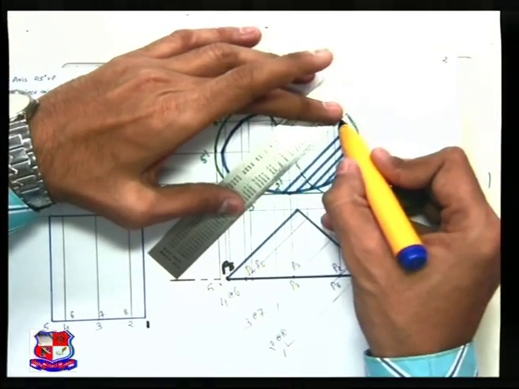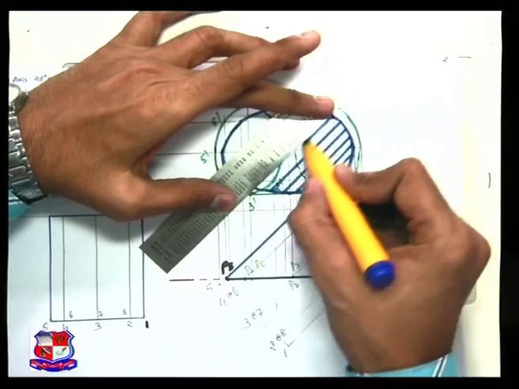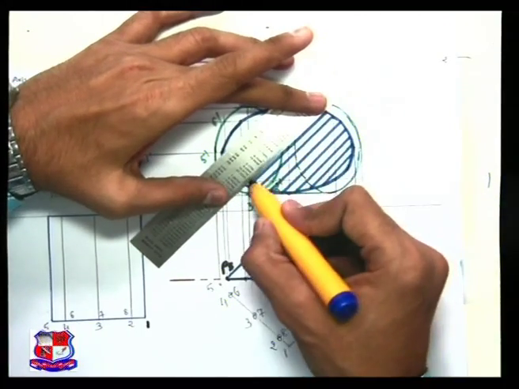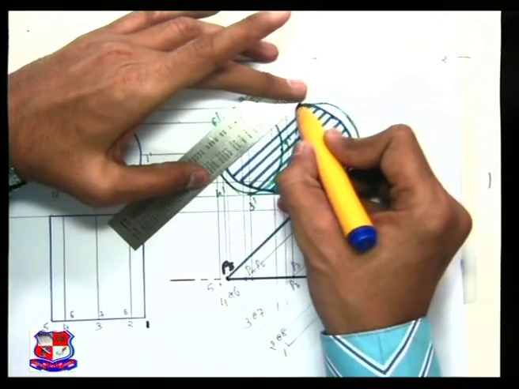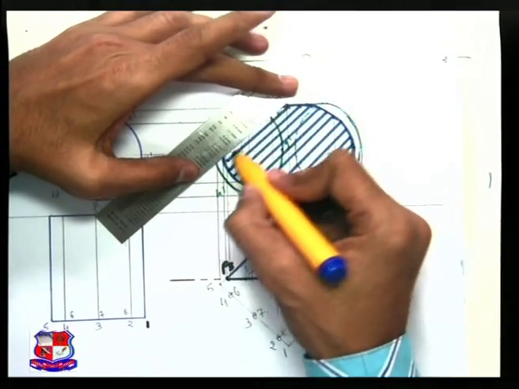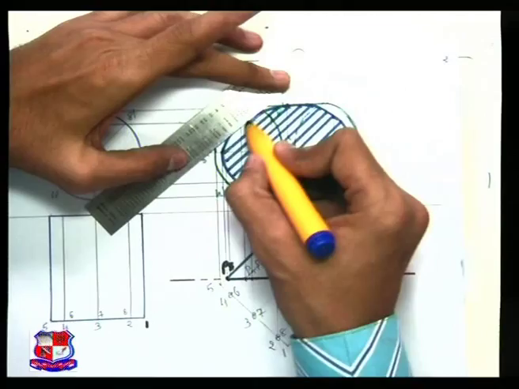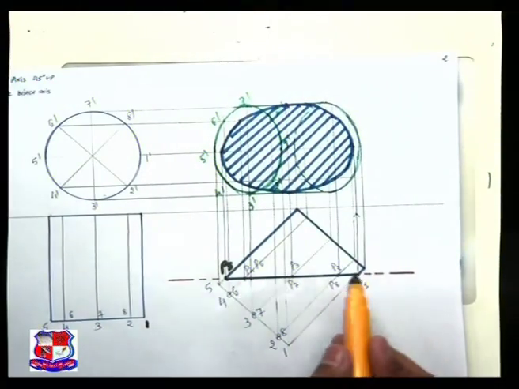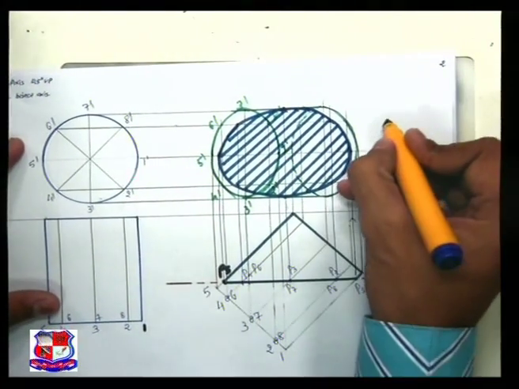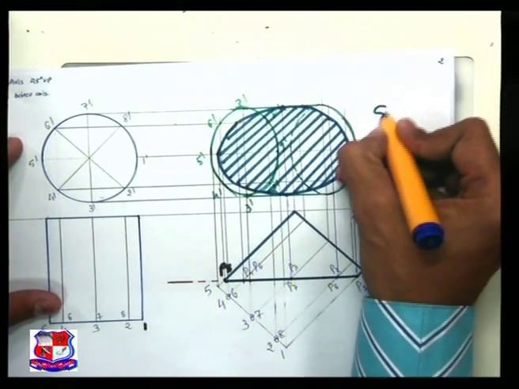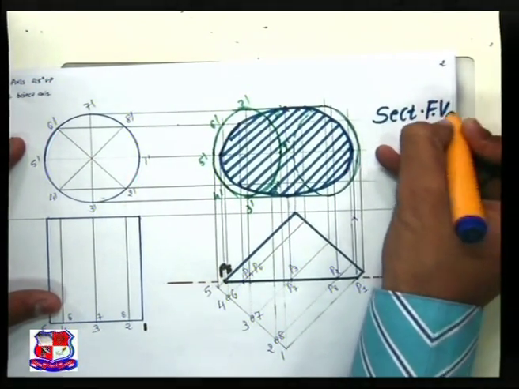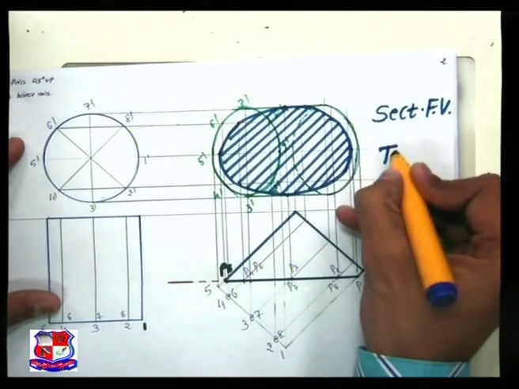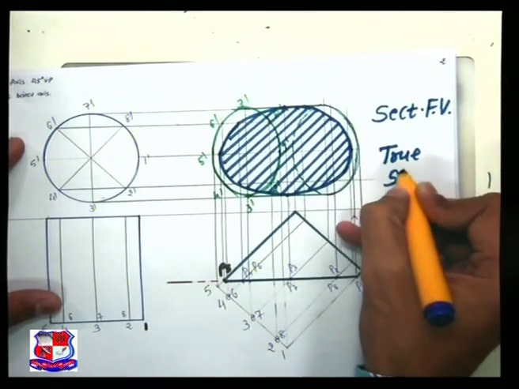So these section lines represent the sectional front view, and here the cutting plane is parallel to the XY line, this one. So this sectional front view also represents the true shape of the section. You can write here it's a sectional front view as well as the true shape.